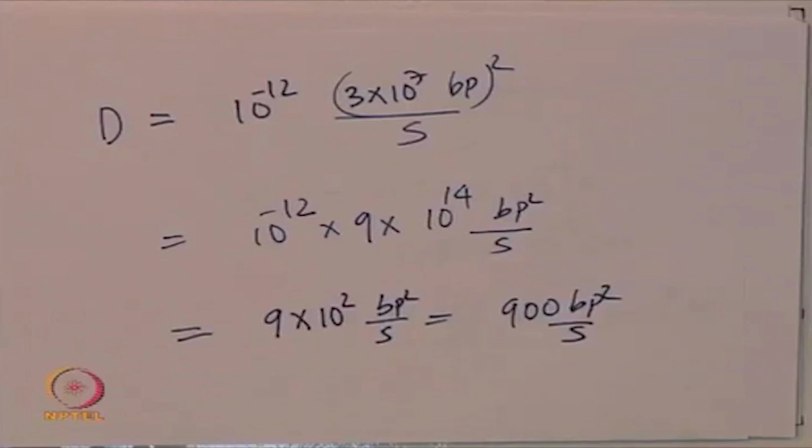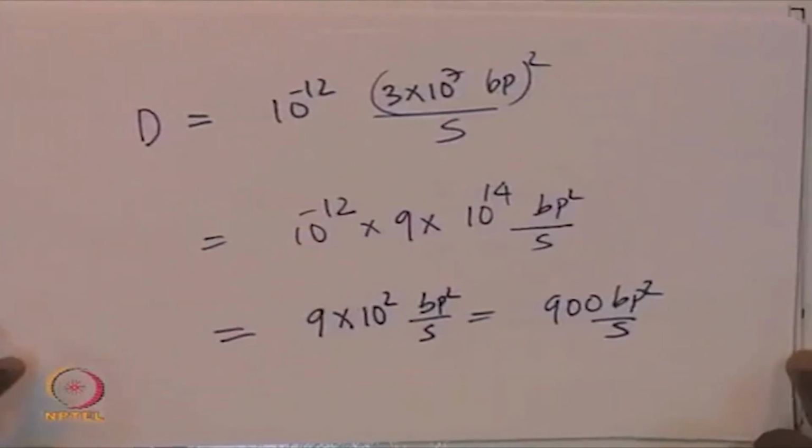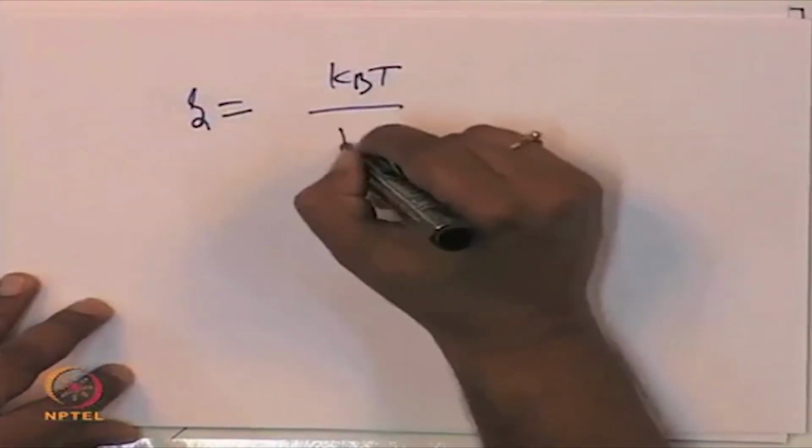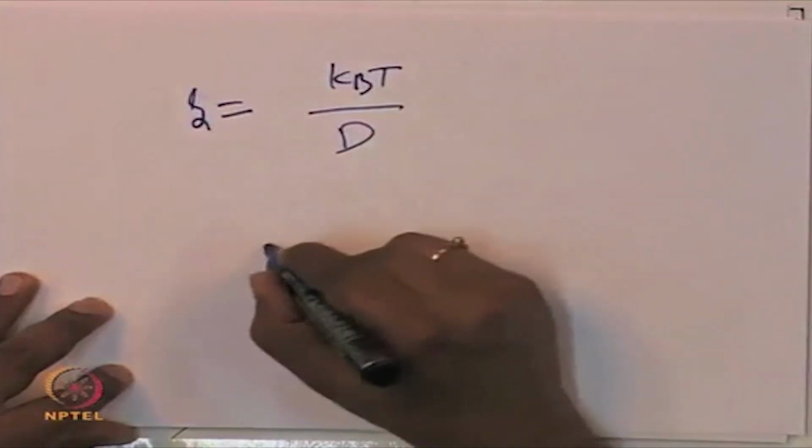It is a non-specific protein going along non-specific sites of DNA. So, this is basically the answer. Now let us convert this and calculate the viscous drag. Viscous drag zeta is basically k B T by D. Now, what is k B T?